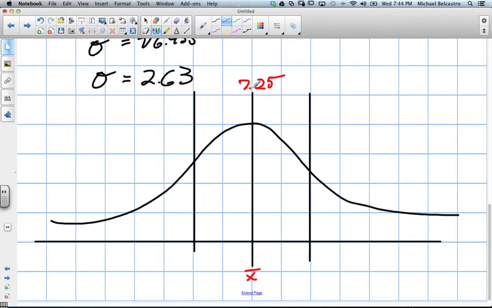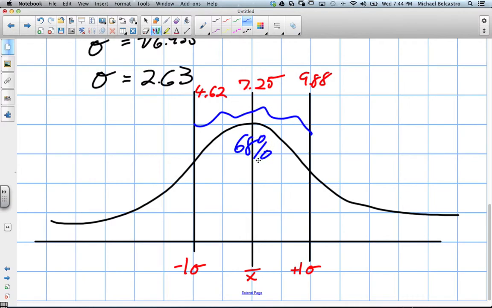So I want you to add 2.63 there. I'm going to put positive 1 standard deviation and negative 1 standard deviation. That should be 9.88. Good. And if we subtracted 1, it would be 4.62. Great.